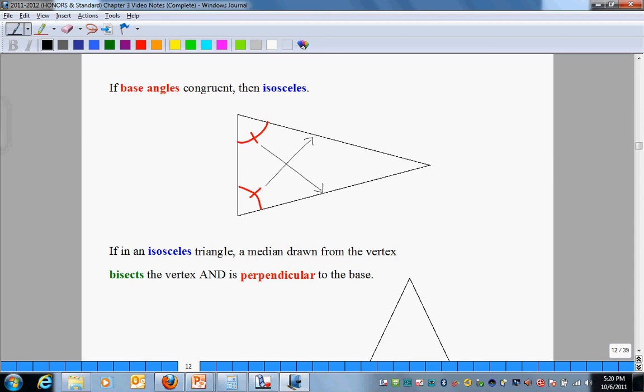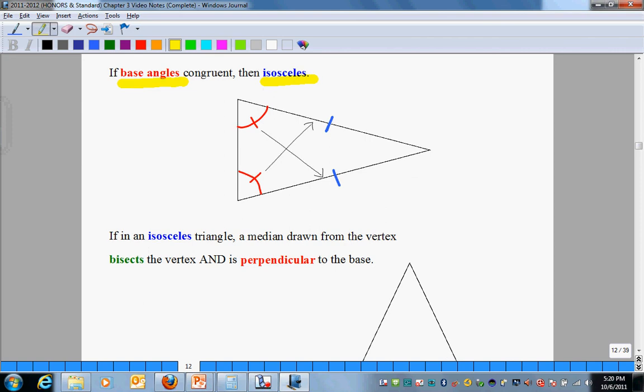If you have two congruent angles, then you have two congruent sides, which forces that, again, to be isosceles. I recommend you draw those arrows to help follow which sides are equal.